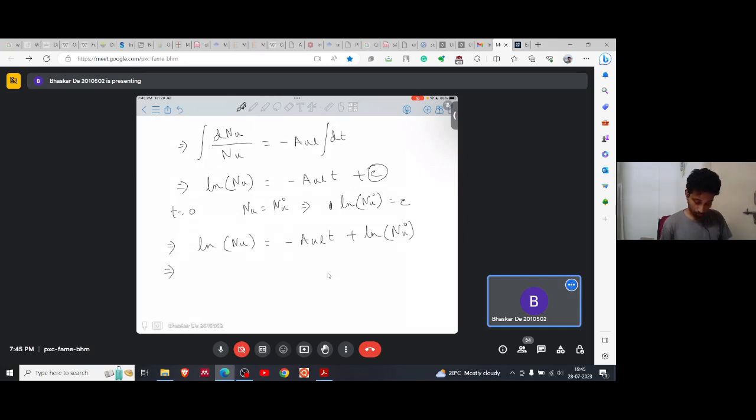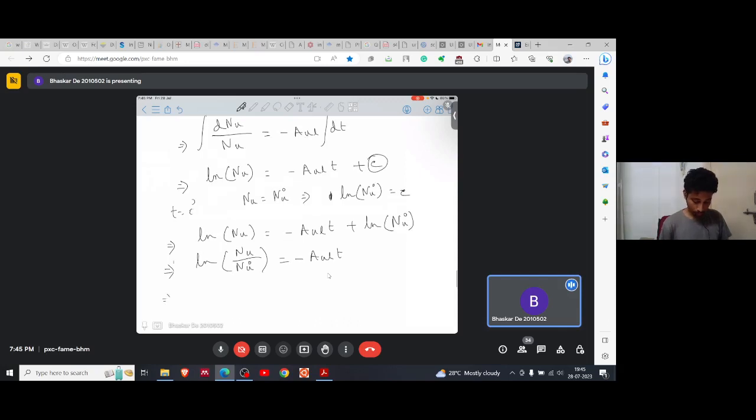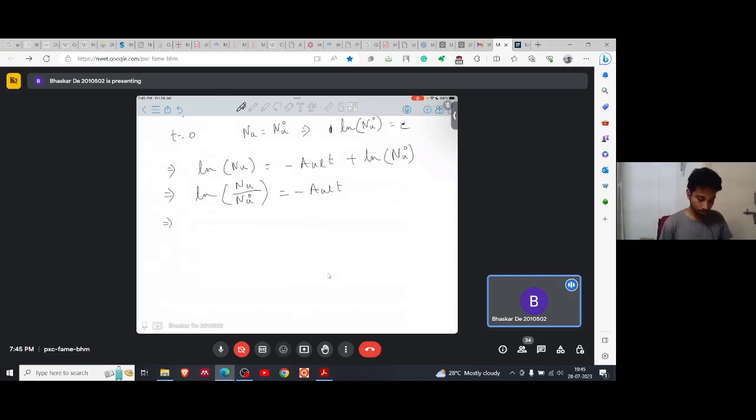Using a property of logarithm, ln Nu by Nu naught equals minus Aul t. Now we will take the anti-logarithm and it will give Nu equal to Nu naught exponential of minus Aul t. So this is the solution of the differential equation we are using.